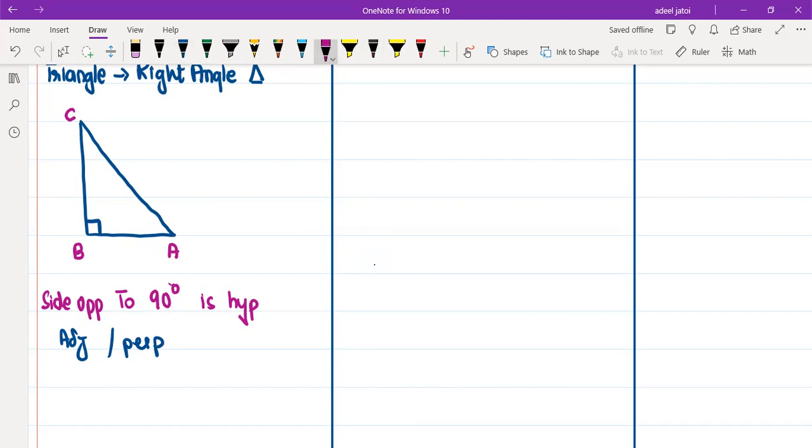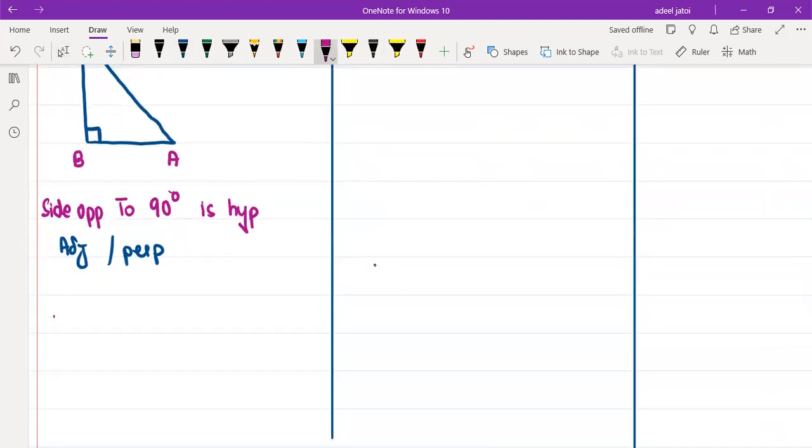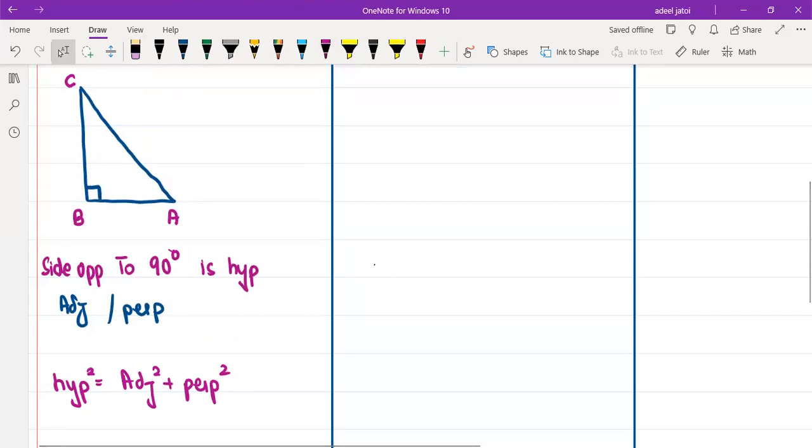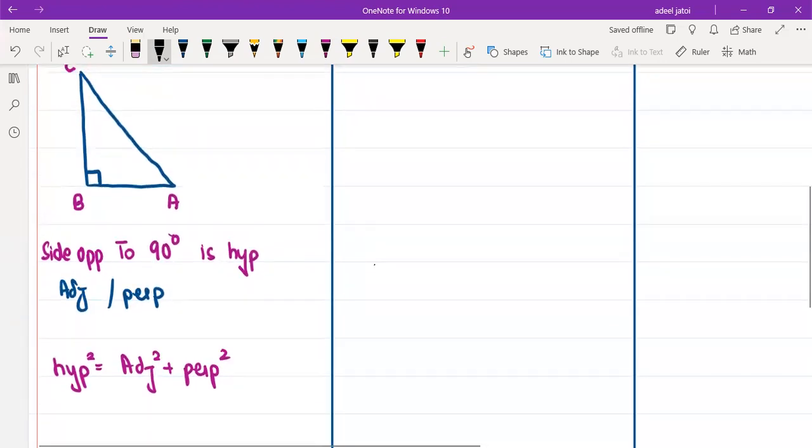Now it has generally a formula, that is hypotenuse square is equal to adjacent square plus perpendicular square. Now, if one side is adjacent, the other side would definitely be perpendicular, which means for adjacent, we can always use base as well. Now, for hypotenuse, we can consider this as, let's say, AC square.